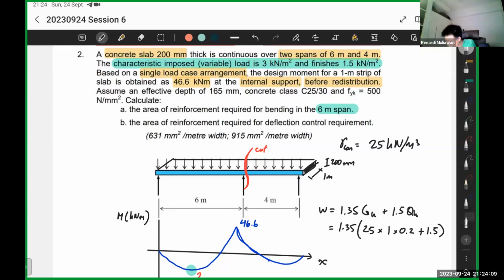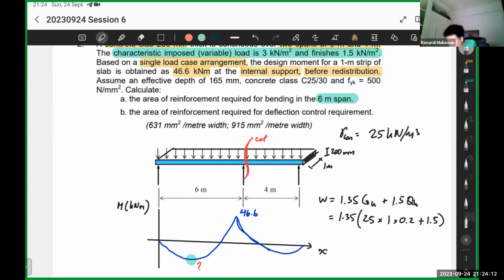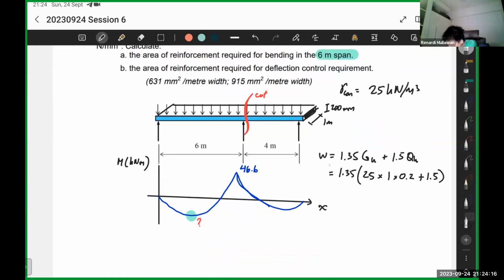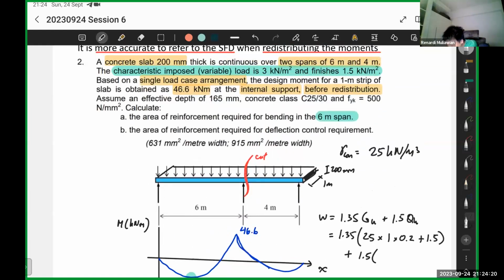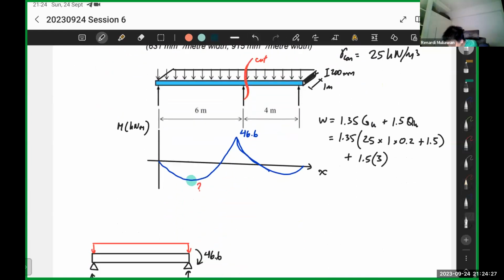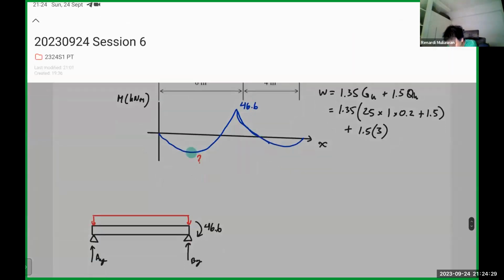Yeah, correct. Kilonewtons per meter square, but then we just assume it's 1 meter. So it's 1.5. Then we plus by 1.5 multiplied by QK. QK here is 3 kilonewtons per meter square. So 3. Let me put this down.